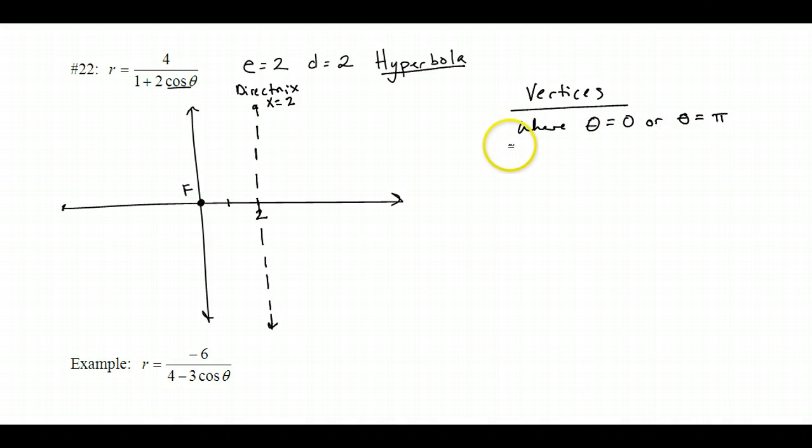So where theta is equal to 0, to find our point, we would say r is equal to 4 divided by 1 plus 2 cosine 0. Cosine 0 is 1, times 2 is 2, plus 1 is 3, and so we'd have 4/3. So 4/3, 0 will be about here.